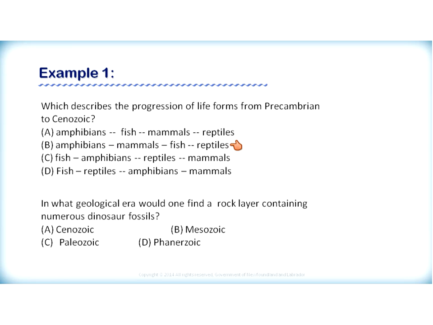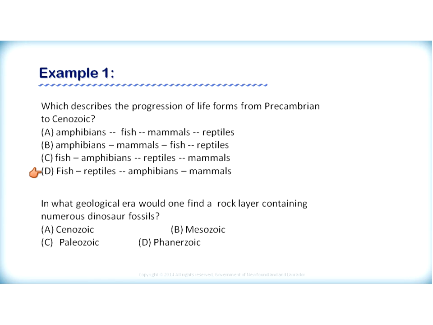So we know that the order of progression of life for choices A and B could not possibly be the correct answers. But when we look at answer C and answer D, we see that mammals represent the last life forms. And if we look at the geologic time scale, mammals were dominant in the Cenozoic Era, which represents last life forms. Now we just need to know which life form preceded the others.